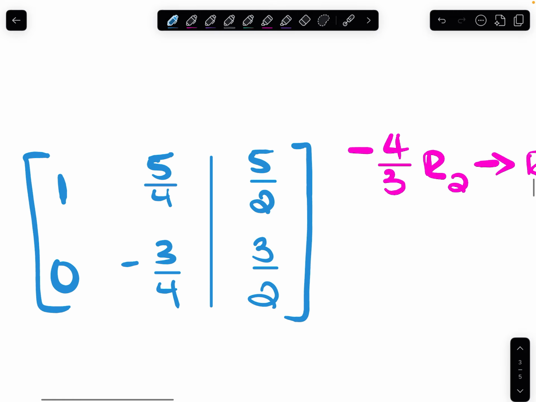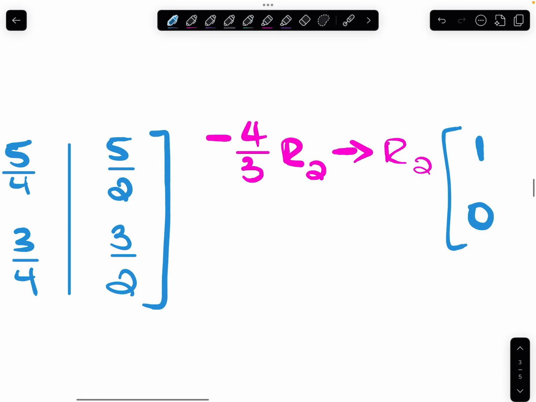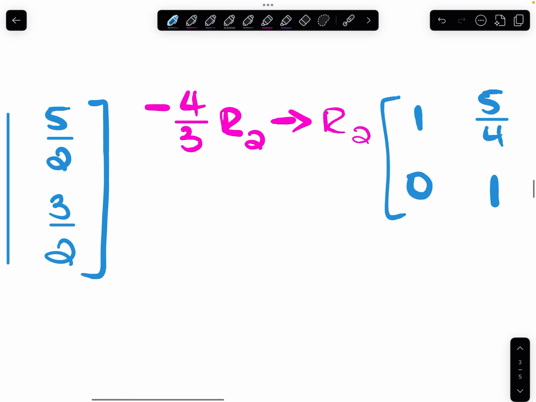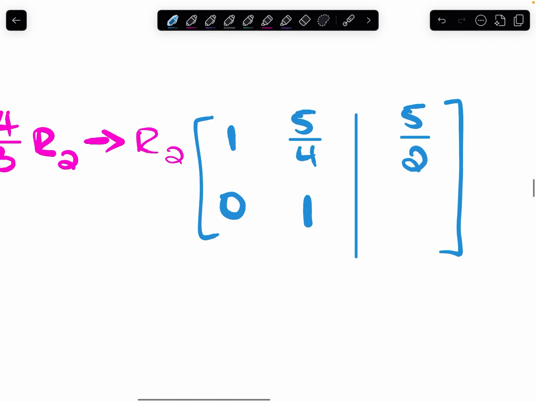Row 2 is now 0, 0. Negative times negative, positive. It's going to be 1. And then negative times positive, negative. We've got -12/6, -2. All right, so our matrix is in row echelon form.